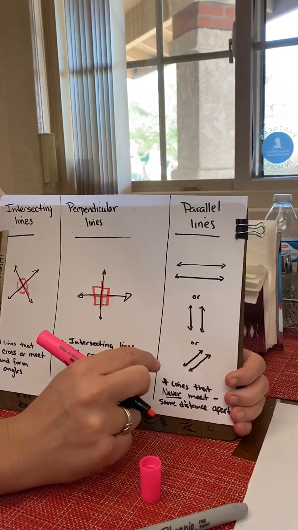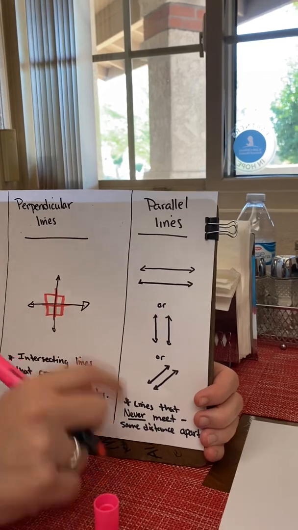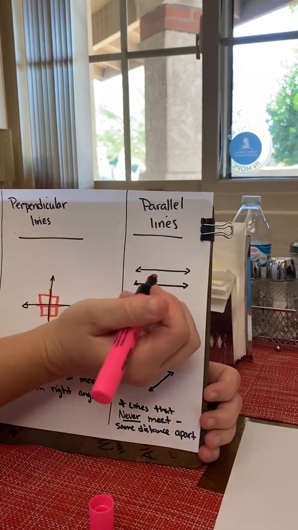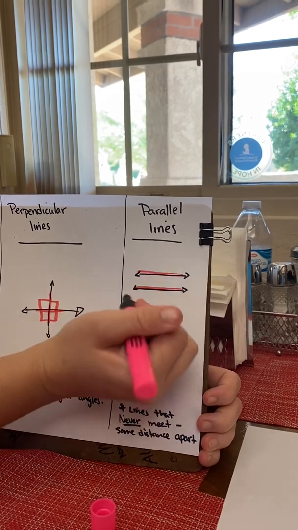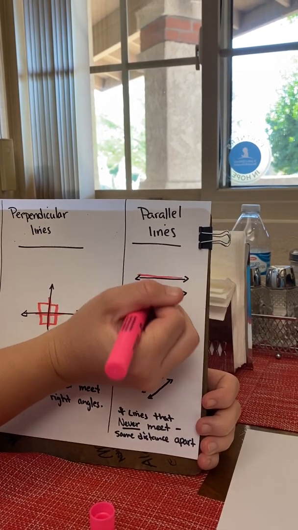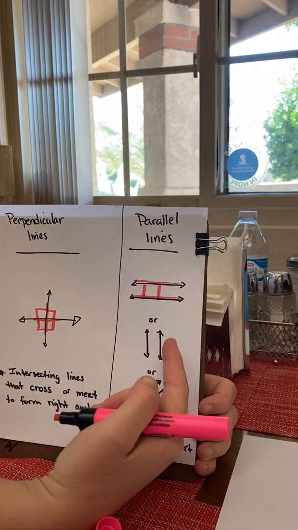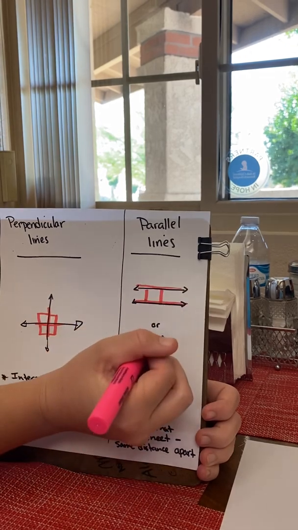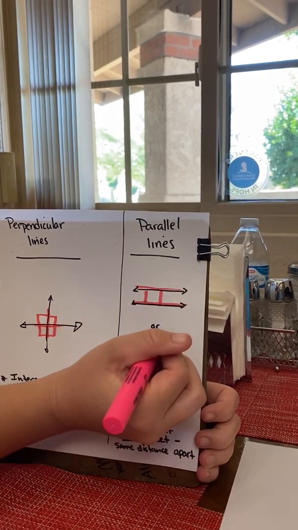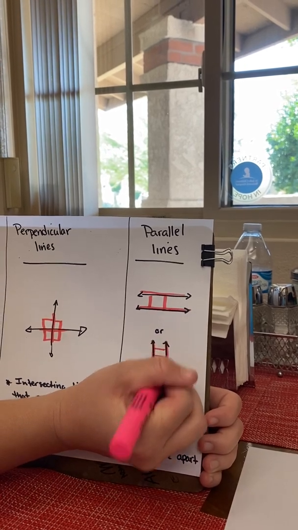Parallel lines are lines that never intersect. They can go on for miles and miles and they are never going to intersect. So, do you see how if they're never going to cross paths, the distance between the lines stays the same. So, kind of think of like a railroad track. So the lines can go this way, they can go up, they can go horizontal, they can go up and down, but look, the distance between them does not change.